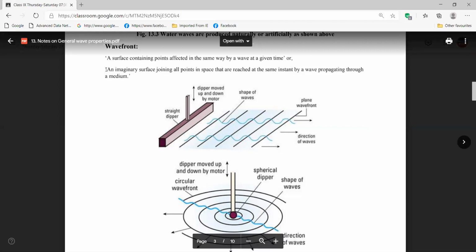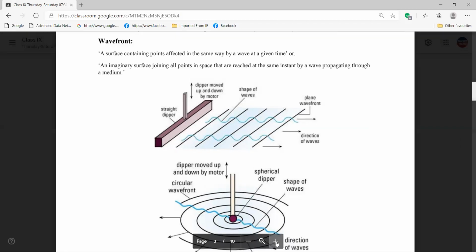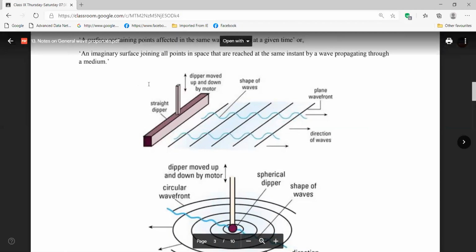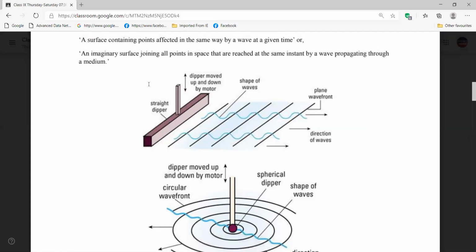And we can also define wavefront in a second definition. Can you read this also? An imaginary surface joining all points in space that are reached at the same instant by a wave propagating through a medium. So you can write any of the definitions.